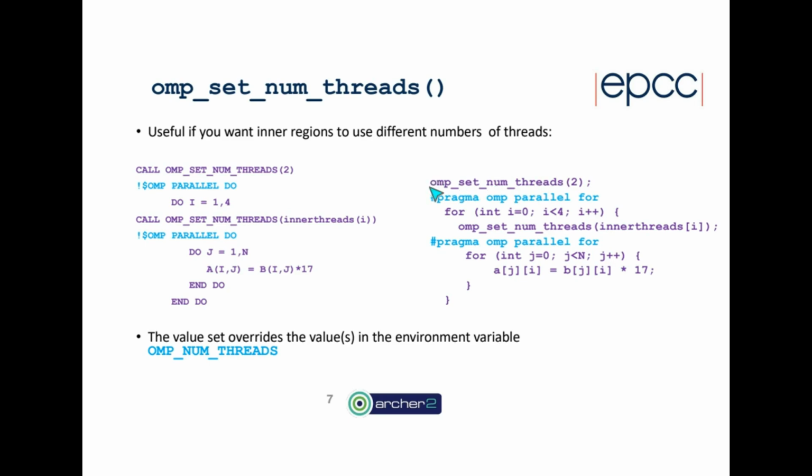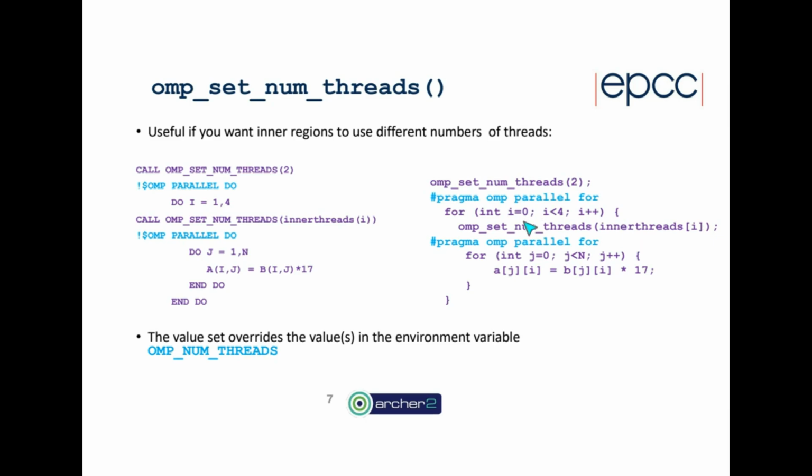And omp_set_num_threads is setting the value of that internal control variable. If I call omp_set_num_threads to be 2 here, on the master thread outside any parallel region, then that means it will use 2 threads for the outer parallel region. Then when I'm inside that region, I can call omp_set_num_threads again, and suppose I have some thread numbers, I can choose whatever I like, maybe store them in an array somewhere.